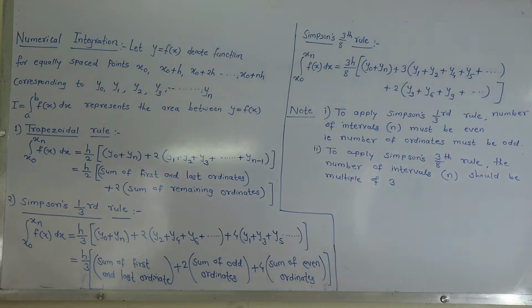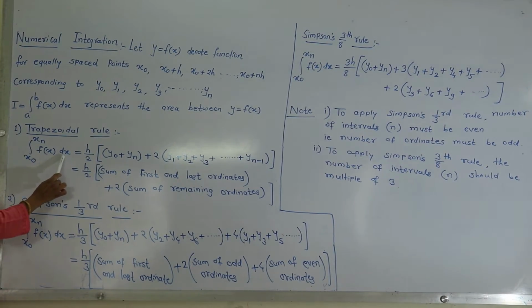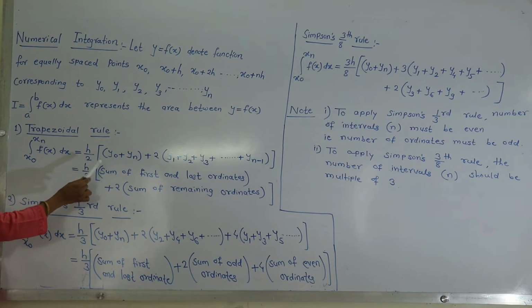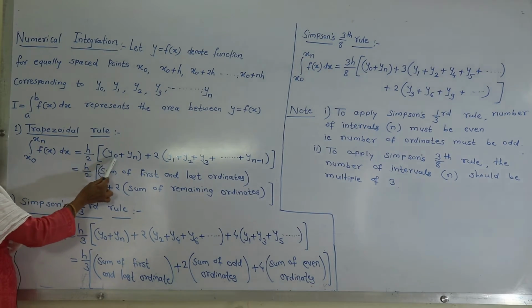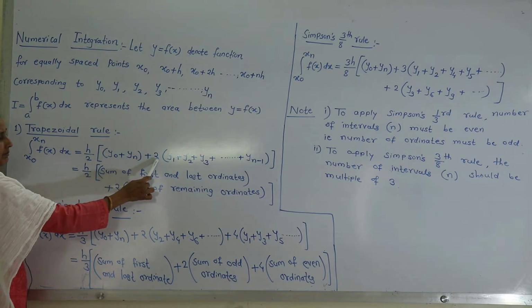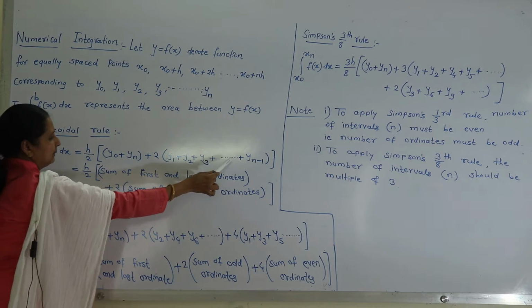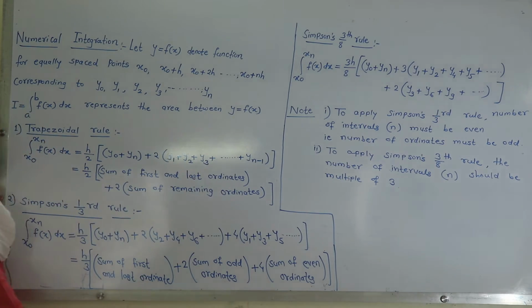Now the first rule is the trapezoidal rule. The rule is integration from x0 to xn, meaning the initial value of x and the last value of x, of f(x) dx is h by 2 in bracket y0 plus yn plus 2 times in the bracket y1 plus y2 plus y3 up to yn minus 1.